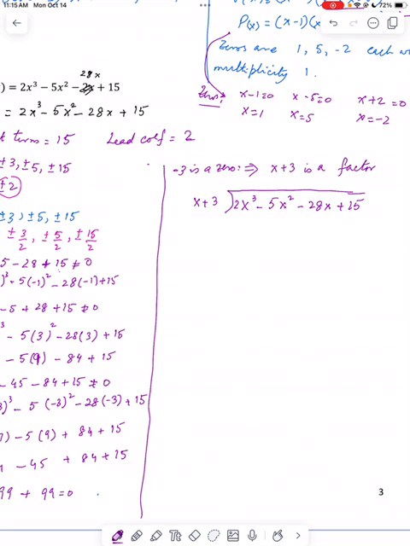So I get 2x squared. So I will put it over here on top of the x squared term, 2x squared, and multiply 2x squared with the whole divisor. So I get 2x cubed, put it under the x cubed terms, plus 6x squared, parentheses, negative sign outside, 2x cubed minus 2x cubed, so it cancels out. This gives me negative 5x squared minus 6x squared, so I get negative 11x squared.